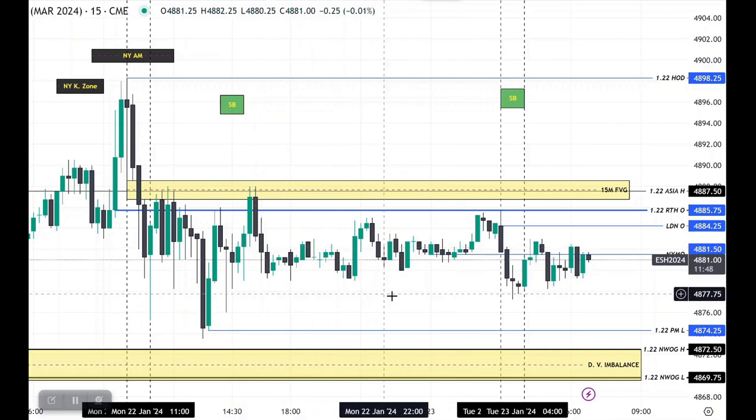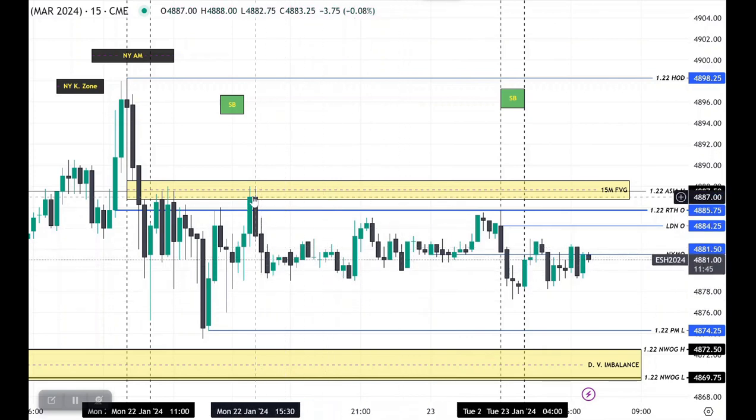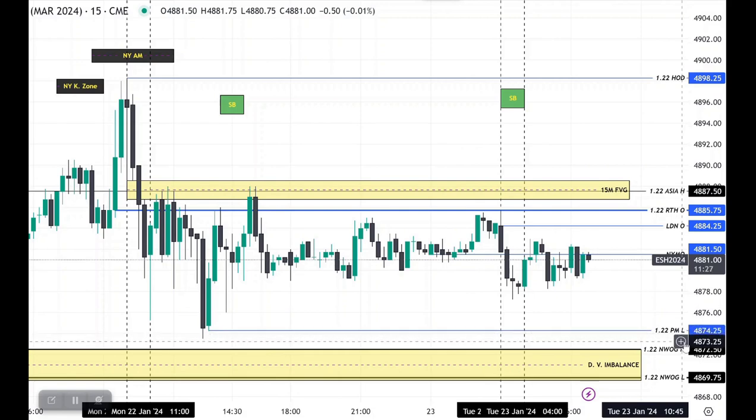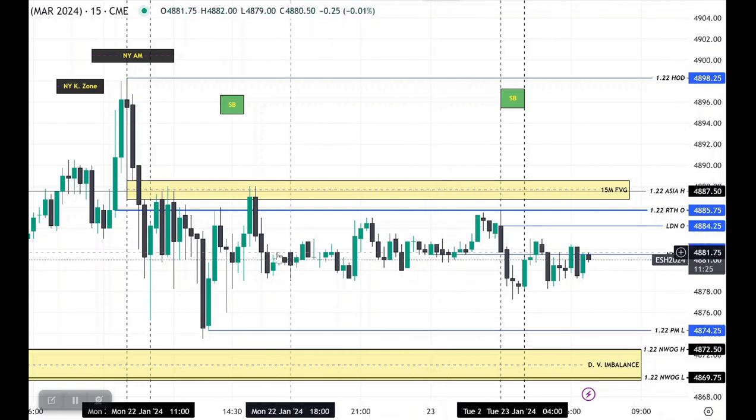The PM high for the prior day came into the middle of this 15-minute fair value gap, right around the consequent encroachment, 4887.75. PM low prior day, afternoon low, 4874.25. So that contained everything, basically.